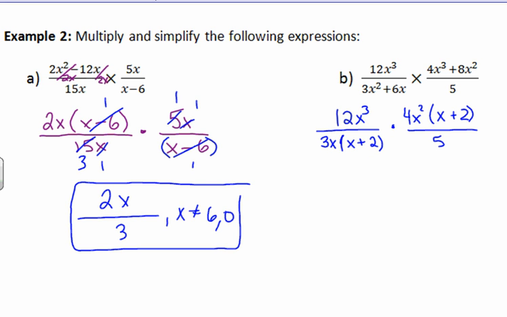Now, if you notice right away, those binomials cancel.